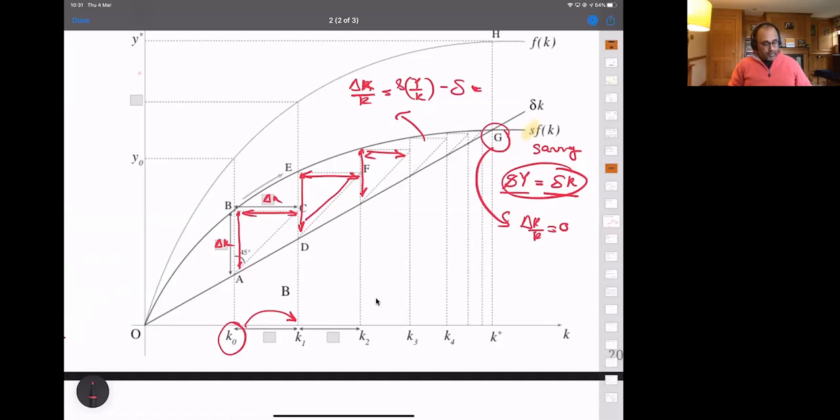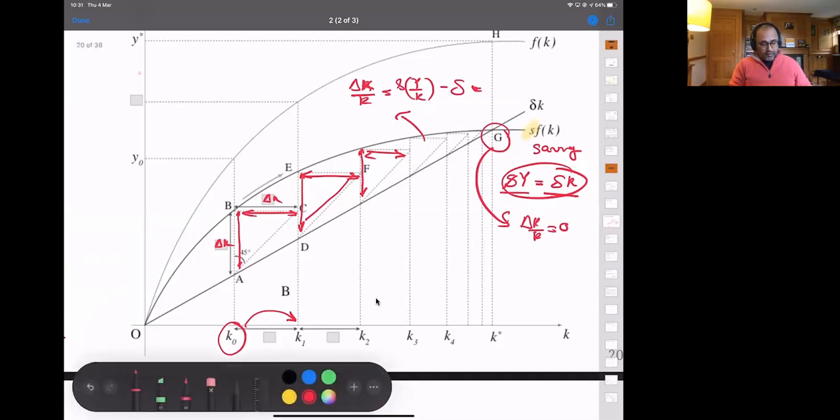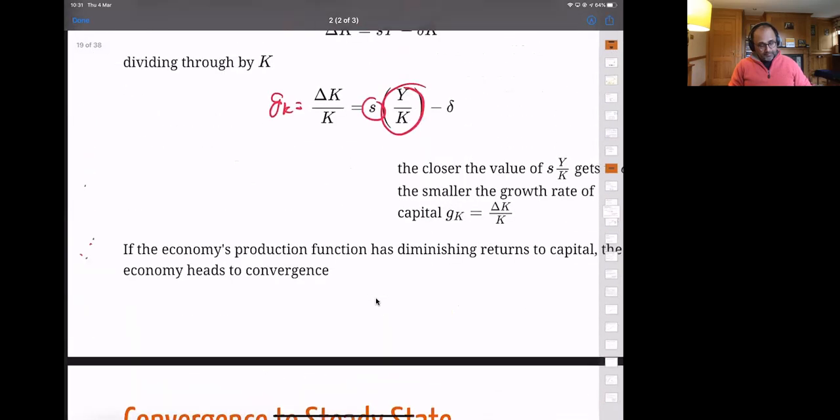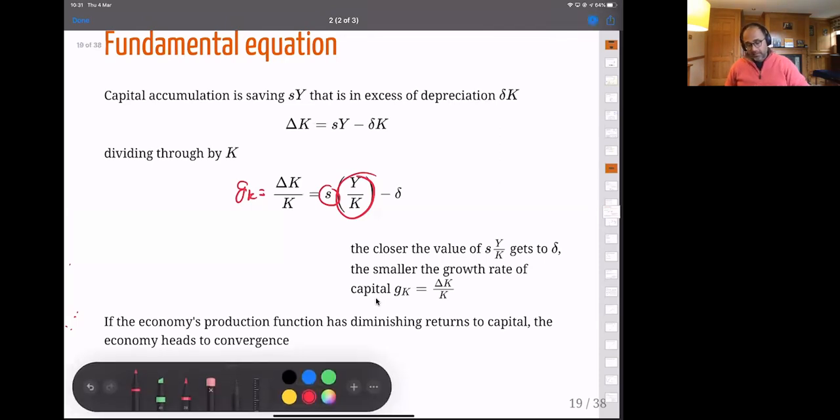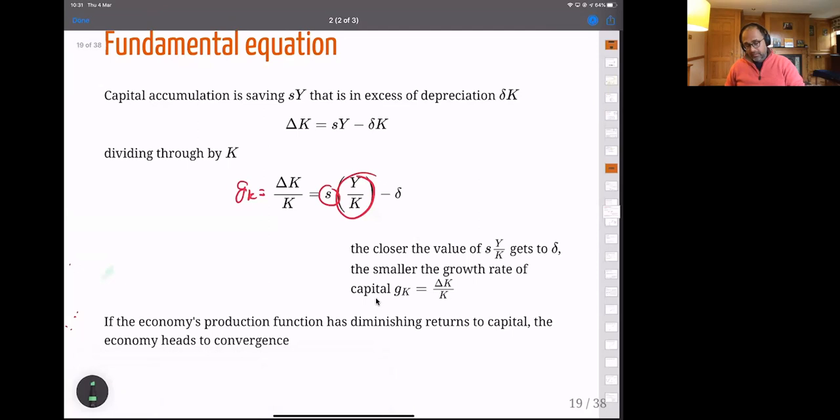Okay, let's go back and look at this again in terms of the diagrams. What this equation is telling us is simply that the rate at which capital stock is going to grow is determined by the saving rate, which remains constant, and the depreciation rate, which remains constant.